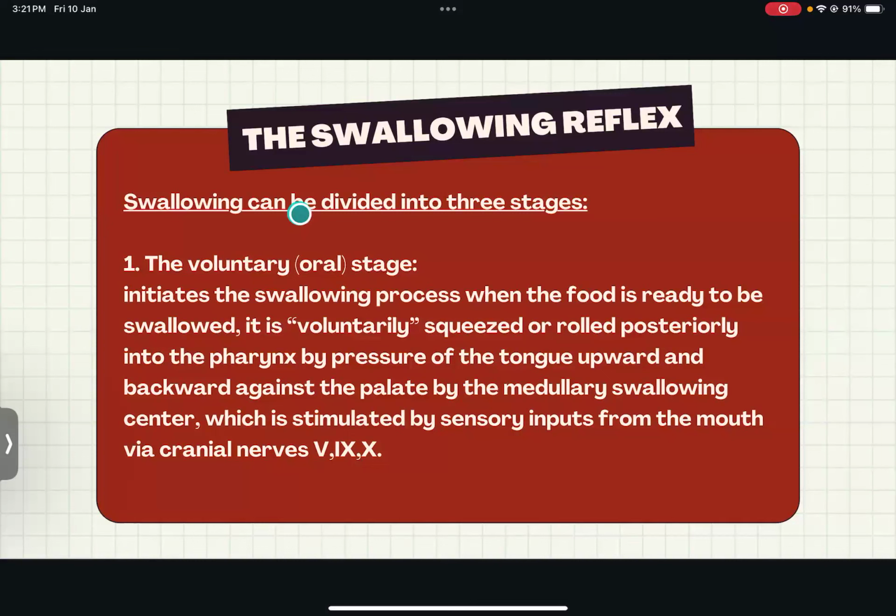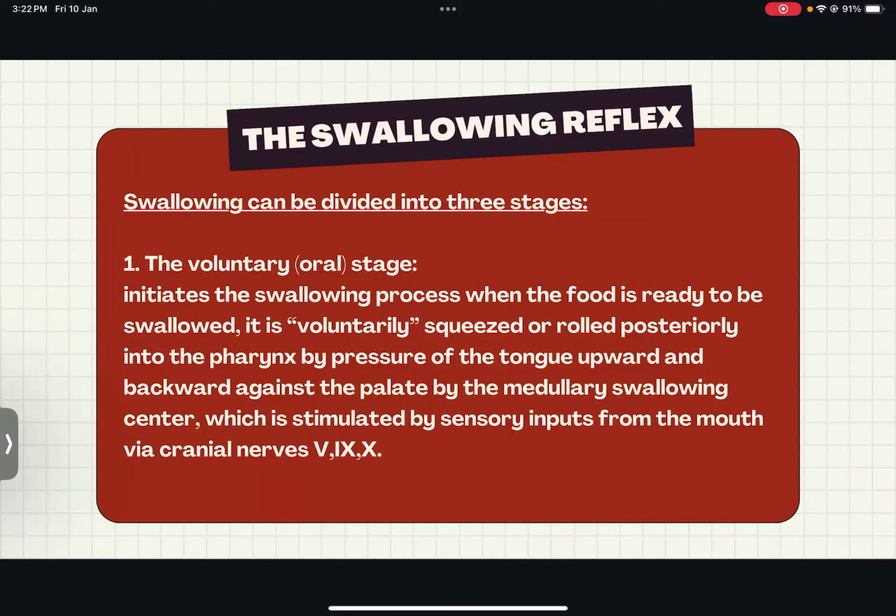So again, it's divided into 3 stages. First is the voluntary oral stage. This is the first step of the 3 stages. As we said, it's voluntary because it's controlled by skeletal muscles, and you voluntarily choose to swallow a bite of food or not.